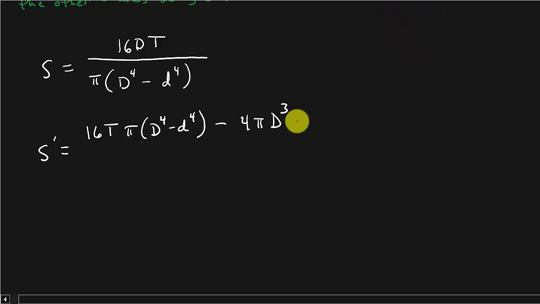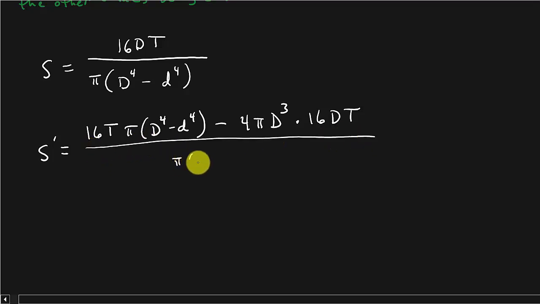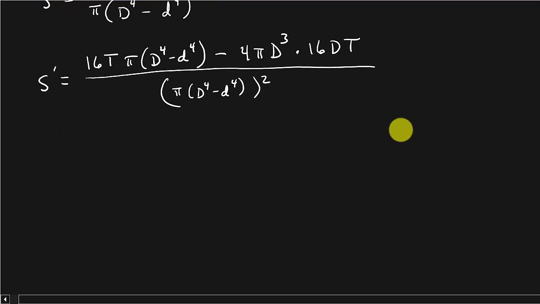And then that's times the numerator, 16dt, over the denominator squared. And so I get s prime.